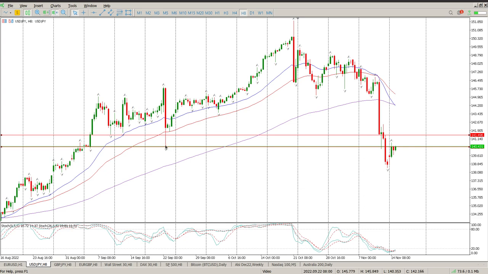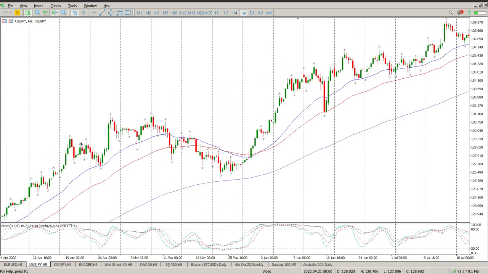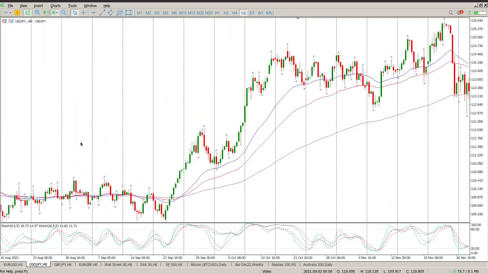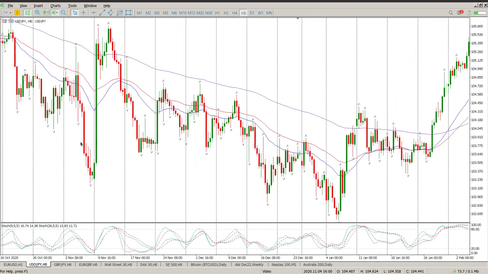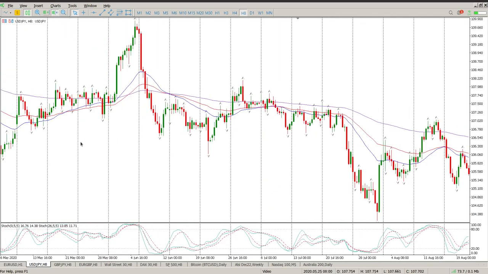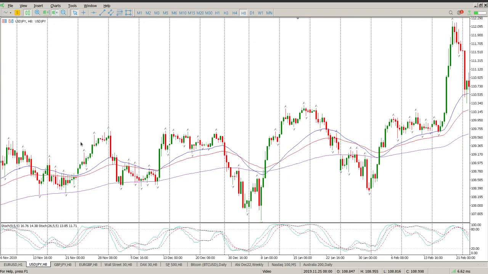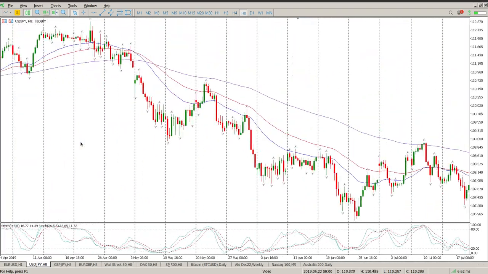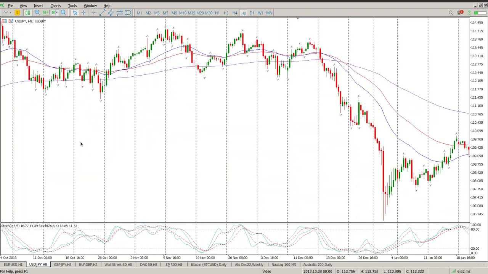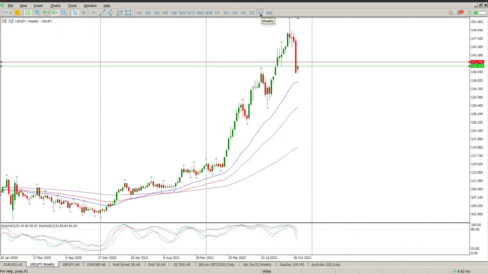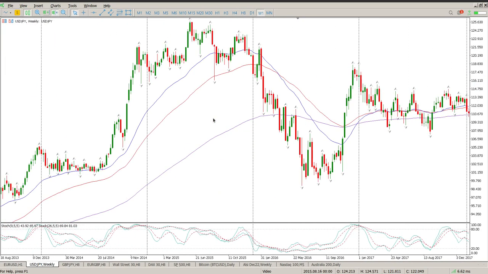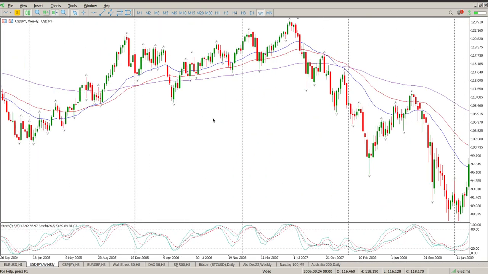Right now we're just flirting with this one tail, and if you look to the left, there is a little bit of chaos there. If you just swing to the left as well, you're going to have to go back quite far before you even start seeing anything in this area. And in fact, we probably have to switch up to the weekly chart, and you'll see what I mean, how far back you've got to go.